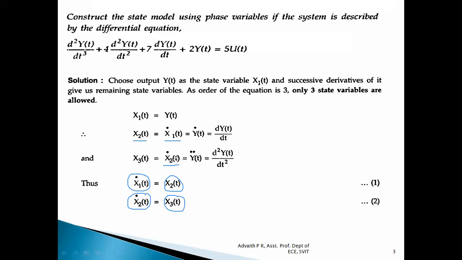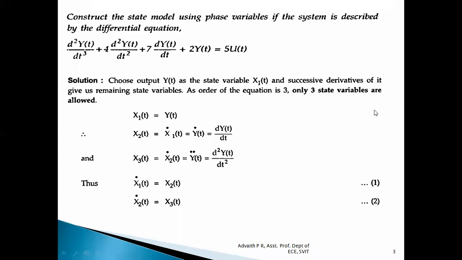That is, dx2 by dt equals x3 of t. Let us consider dx1 by dt equals x2 of t as equation number 1. Let us consider dx2 of t divided by dt equals x3 of t as equation number 2.